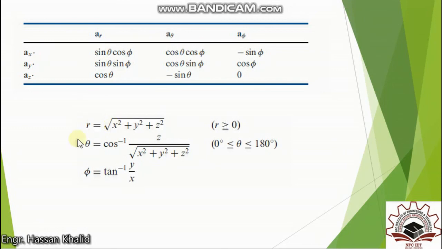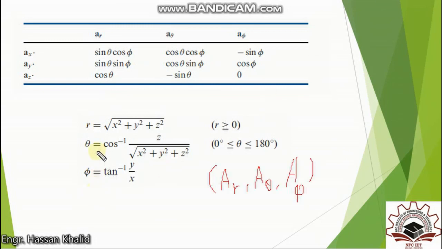The following equation represents the reverse transformation of the rectangular coordinate system into the spherical coordinate system. By placing the given information from the rectangular coordinate system, we can obtain the spherical coordinate values r, phi and theta.